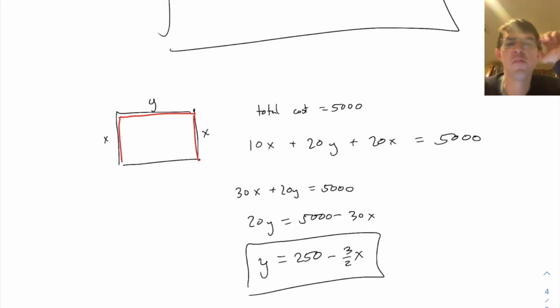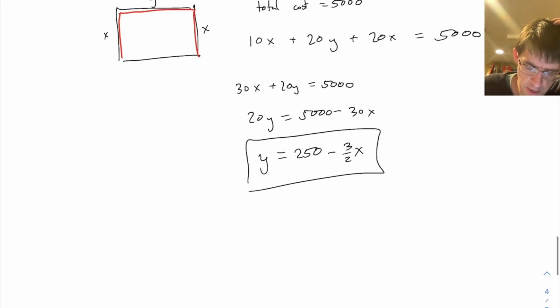All right. I think I'm doing all right. Anybody, any questions so far? This is the y in terms of x. And so I can write my equation for the area is x times y, which is x times this stuff, 250 minus 3/2 x.